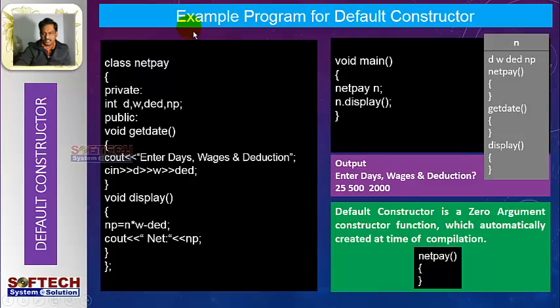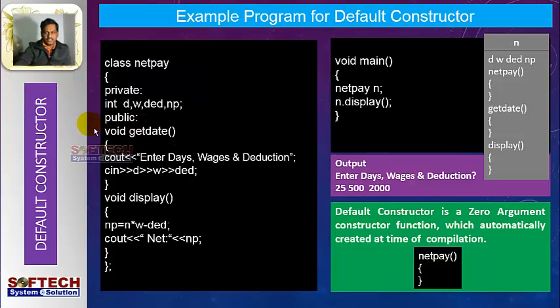First, in this example, the first type of constructor, that is the default constructor. NetPay is a class. Through this class, we find the net pay, the net salary, from the working days, daily wages and deduction.